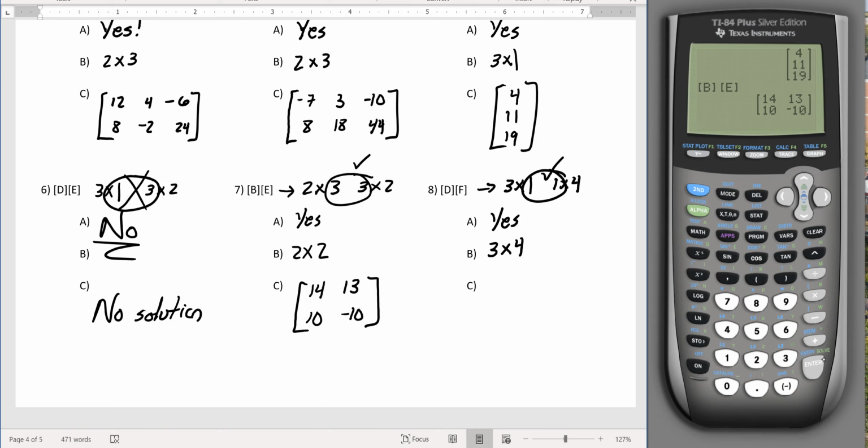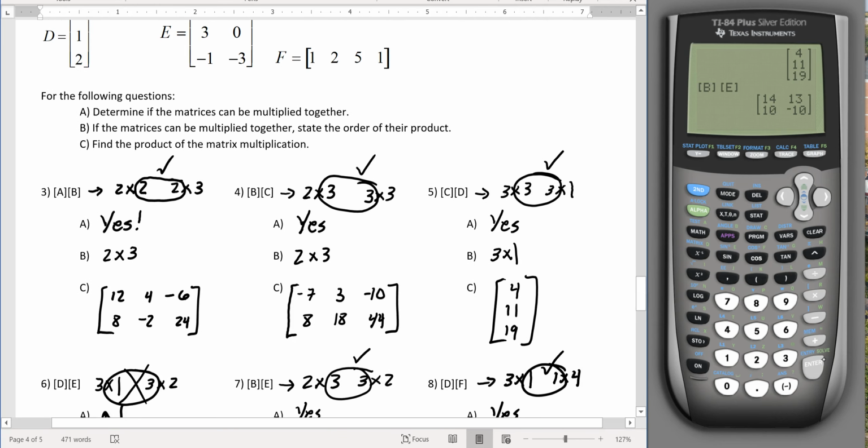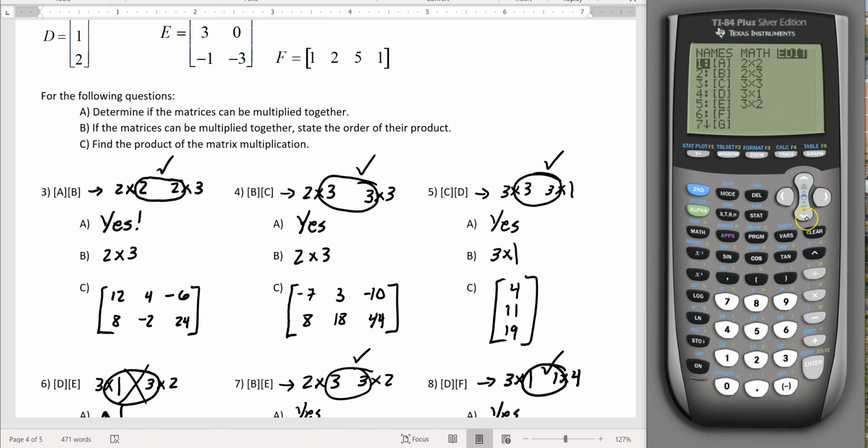So let's type in F into our graphing calculator here. So I'll do second matrix, edit, go down to F. The order of F is 1 row by 4 columns. So I will have 1, 2, 5, and 1.